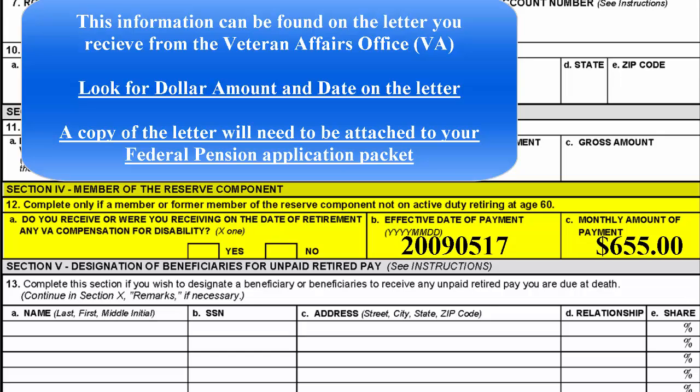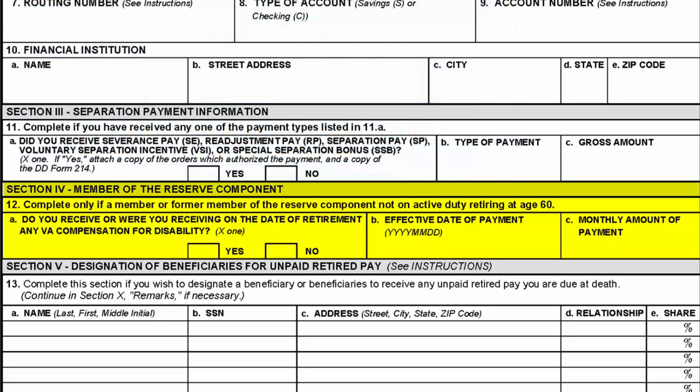It shall have a dollar amount and a date. It will also have percentages somewhere on the forms. You will need to attach a copy of this VA letter to the back of this form for your application process. Please ensure that you answer these questions correctly to the best of your knowledge to ensure that there's no issues in processing your retirement pension.